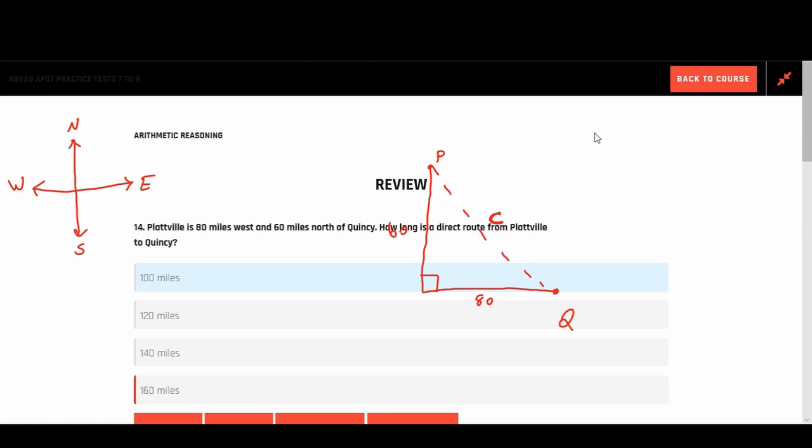So we're going to make use of the Pythagorean theorem to solve for the hypotenuse. And the Pythagorean theorem is a squared plus b squared equals c squared, where c, of course, refers to the length of the hypotenuse, and a and b refer to the length of the legs, which are 60 and 80 respectively. Let's plug those in. 60 squared plus 80 squared equals c squared.